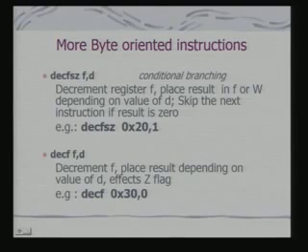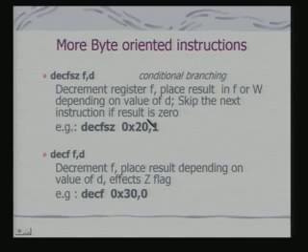Now this instruction that we are looking at here is interesting in various ways, because this indicates an operation as well as branching. It is not just a simple branching instruction. In this case, you decrement the register F, you place the result in F or W depending on the value of your destination bit D, and then you may skip the next instruction if the result is 0.